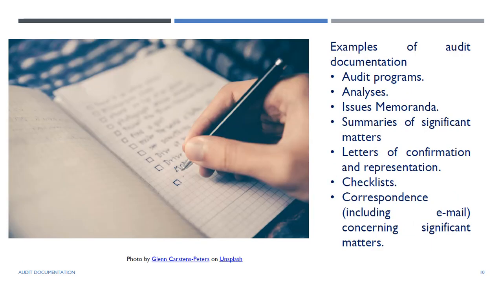Examples of audit documentation include audit programs, analyses, issues memoranda, summaries of significant matters, letters of confirmation and representation, checklists, and correspondence that will include significant matters that we have discussed with our client, or our client had discussed with us.